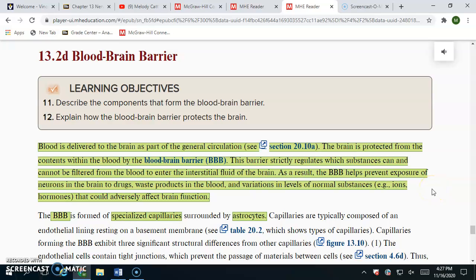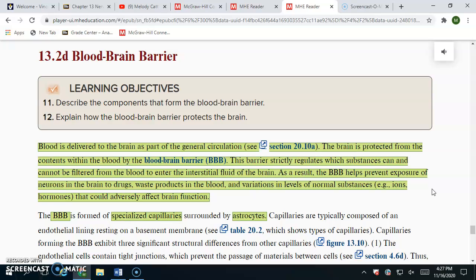Okay, so the first thing that we want to talk about is what is the purpose of the blood-brain barrier. Realize that obviously we need blood to reach the brain because our neurons and glial cells need various components of the blood, nutrients, in order to function properly, and they also need to get rid of their waste products too.